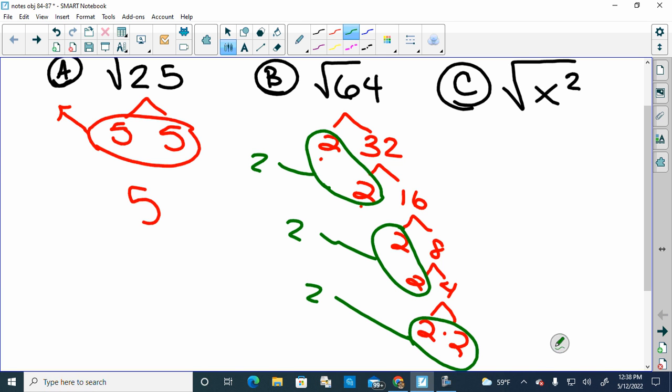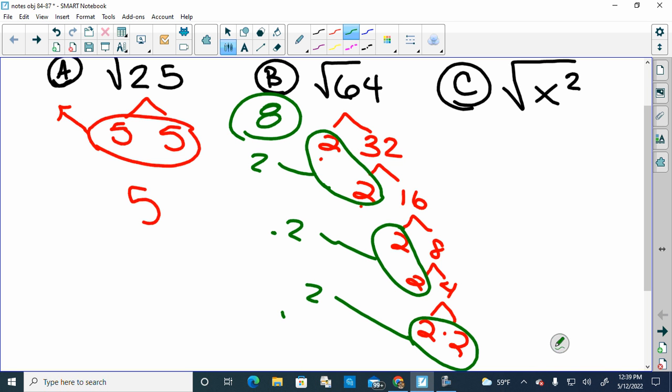So when you have multiple numbers that come out, and I'm doing this also because you'll have like a pair of 2s, a pair of 5s, and a pair of 7s, when you take them out, you multiply them, okay? So 2 times 2 would be 4, times 2 is 8, which we already know that the square root of 64 is. Okay, so whatever pairs you're taking out, you multiply. You won't always have the same numbers.